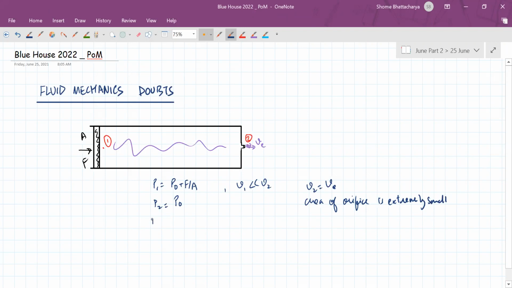Okay. And H1 is equal to H2 because it's the same level.